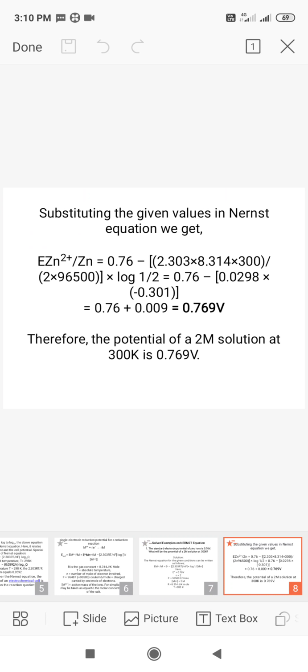This is how we have to find out the EMF of any given electrode with a known concentration of an electrolyte at a given temperature. Thank you very much.